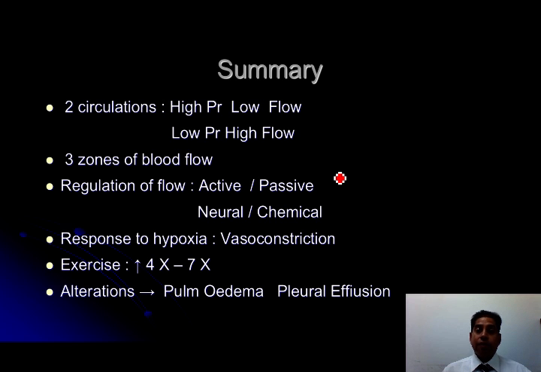Active factors include distension or recruitment, and factors like cardiac output will also affect it. So any alterations in the pulmonary blood flow will lead to either a pulmonary edema or a pleural effusion.